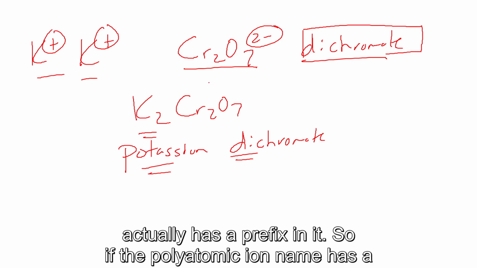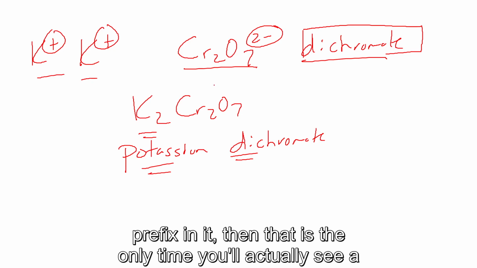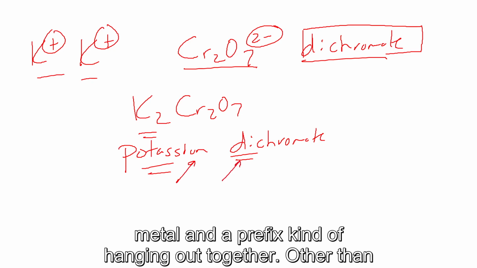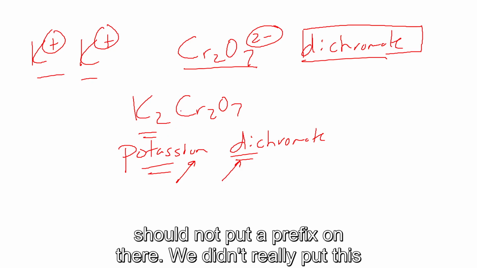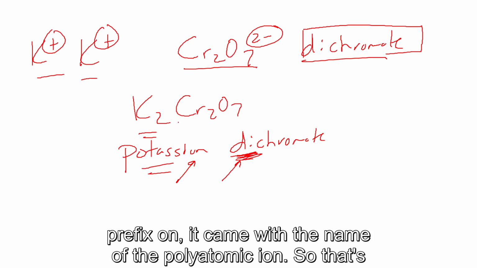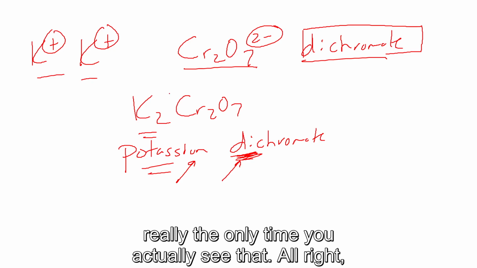Other than that, if the polyatomic ion doesn't have a prefix in it, you should not put a prefix on there. We didn't really put this prefix on. It came with the name of the polyatomic ion. So that's really the only time you actually see that.